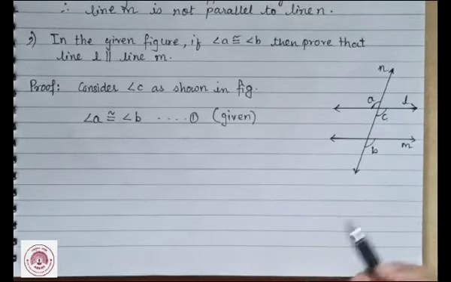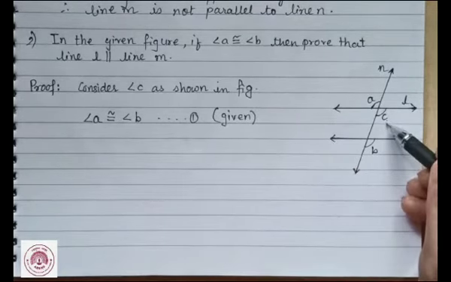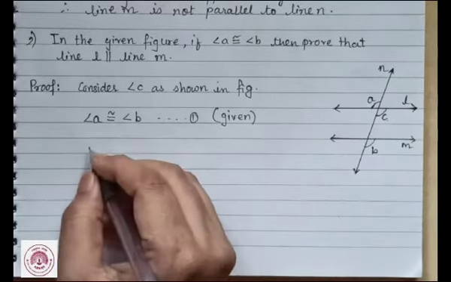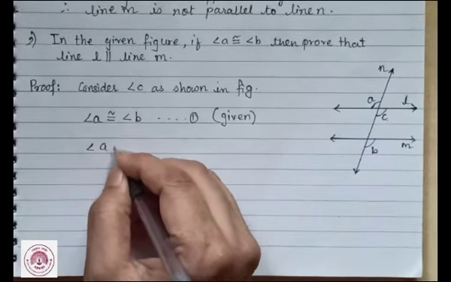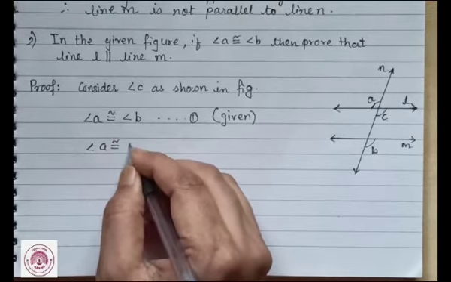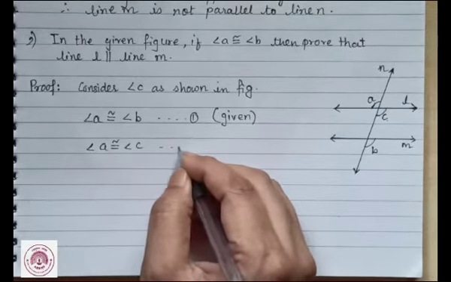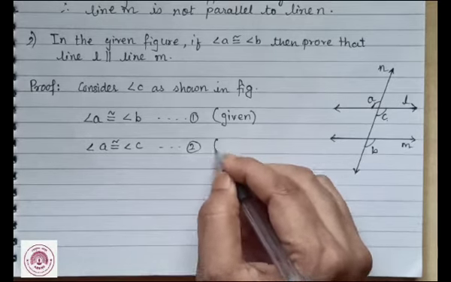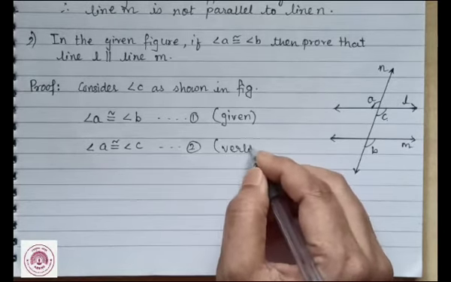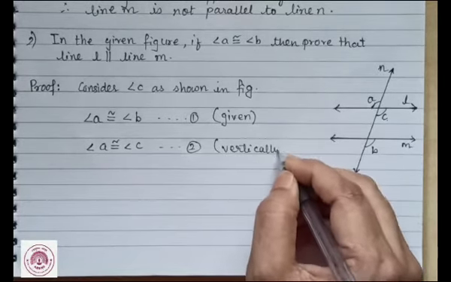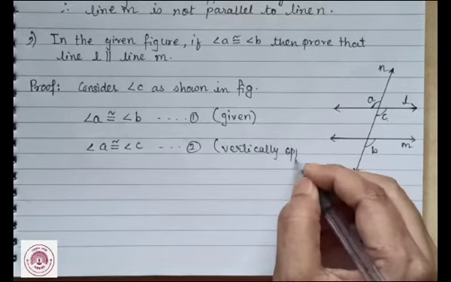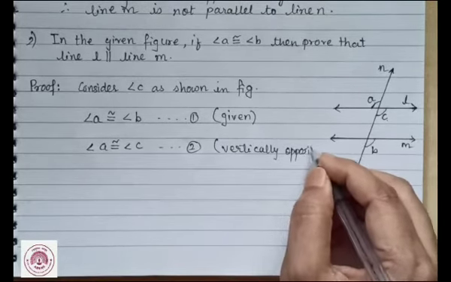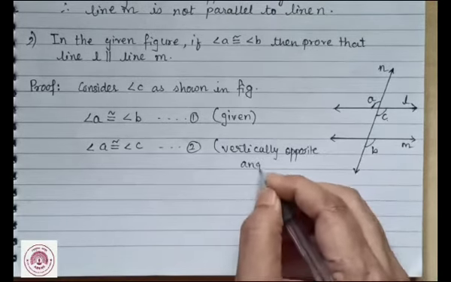Now angle A is congruent with angle C because they are vertically opposite angles. So we'll write that angle A congruent to angle C. Let this be equation number 2, and in reason, vertically opposite angles. So that's the reason.